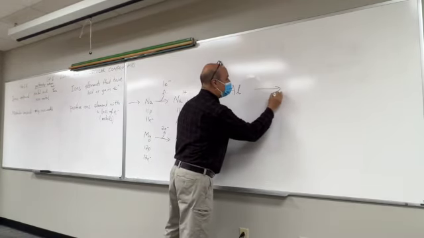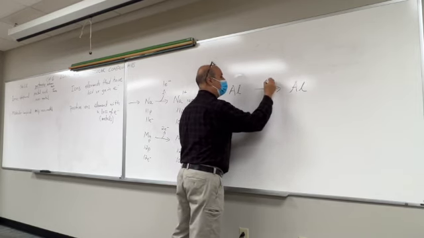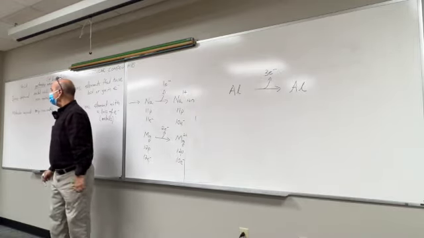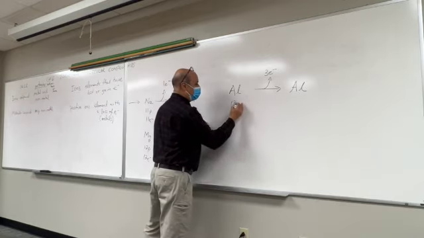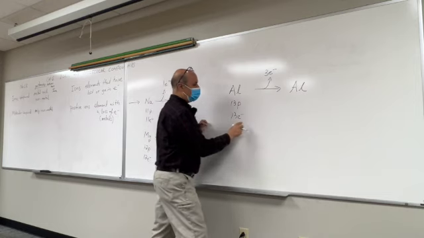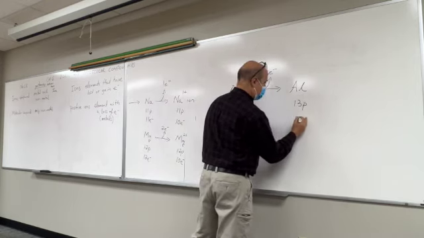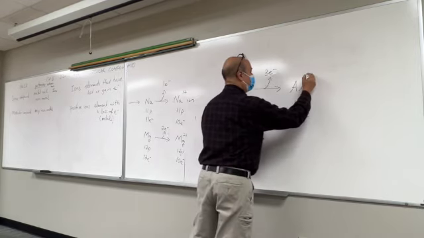Aluminum is going to have a tendency to lose 3 electrons because it's in group 13. And what is the atomic number of aluminum? 13. Okay, so we're going in order. 13 protons, 13 electrons. It loses 3 electrons, so still 13 protons, now 10 electrons, and a charge of 3 plus.